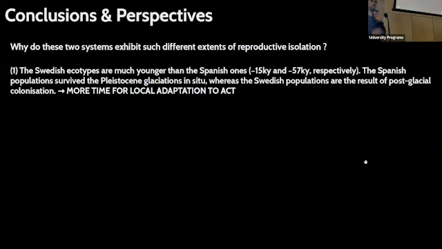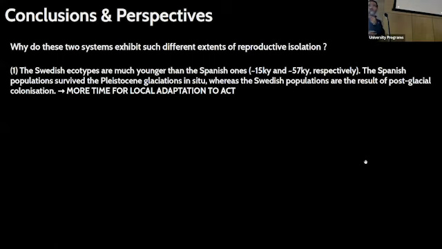So overall, the Swedish system compared to the Spanish system, the Spanish system represents a later stage, or a closer point on the speciation continuum, closer to having completed speciation. So what can be the reasons for that?